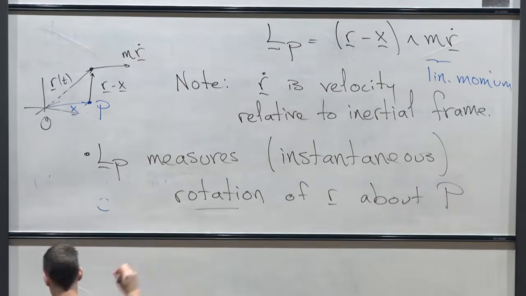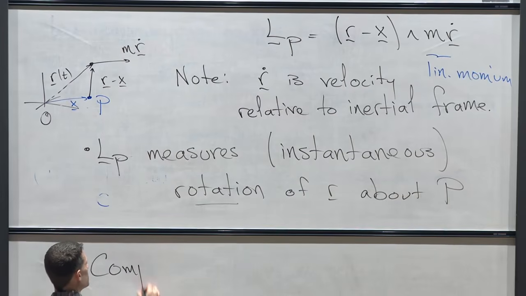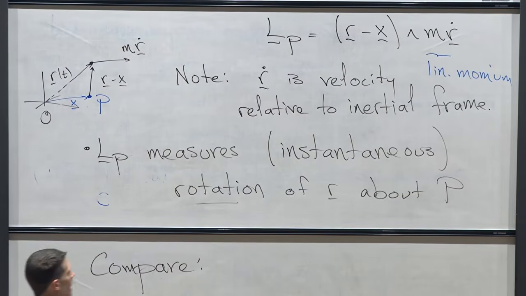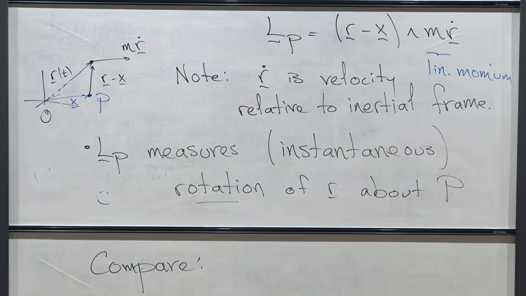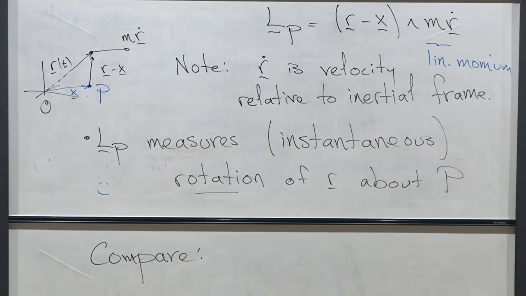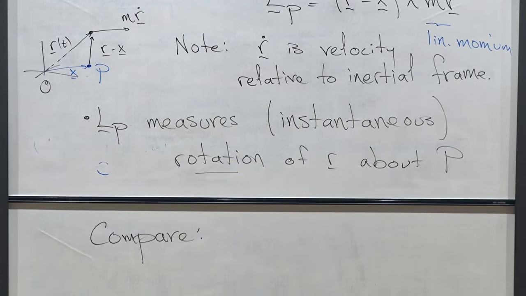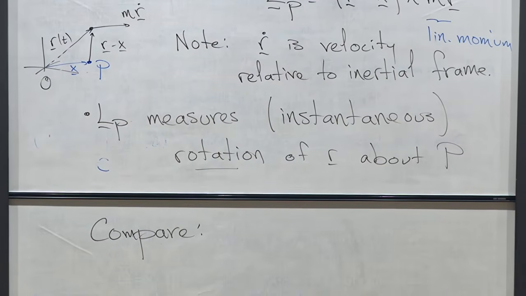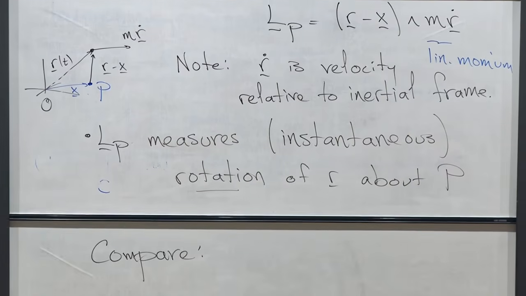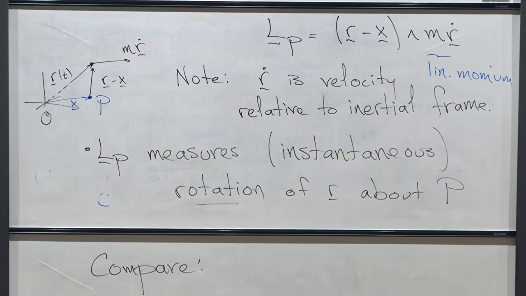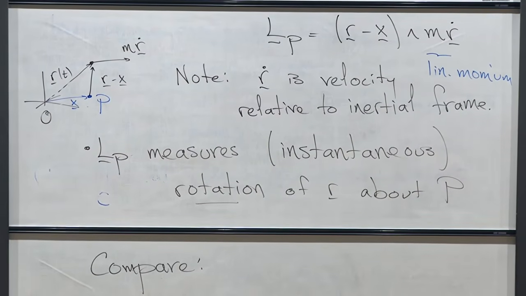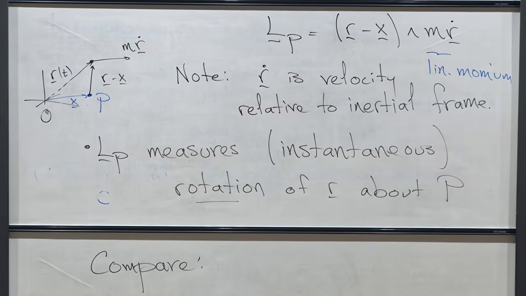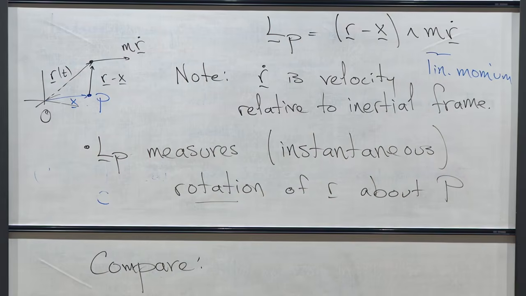So compare. How do I make L_P 0? Well, there's a couple ways I can make it 0. Either I have no momentum at all, r dot is 0. That's a bit boring. No linear momentum, there's no angular momentum. If r dot is non-zero, how do I get this thing to be 0? Well, I need the cross product to be 0, and the cross product is 0 if those two vectors are aligned, parallel. Right? So if r minus x points in the same direction as r dot.